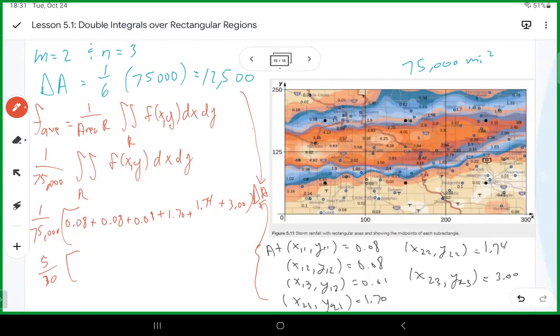You get 6.61 times 1/6, so you get approximately 1.1.